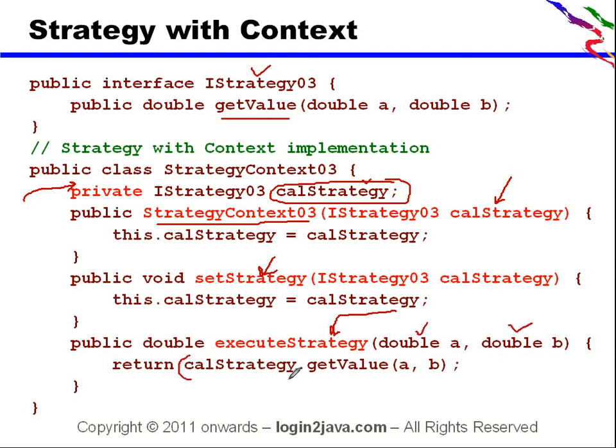This is our concrete implementation of strategy, where A plus B or A multiplied by B or maybe other operations, other algorithms can be applied. This concrete operation will be applied on the strategy that we pass either through the constructor when this context is created, or through the setter method when we want to change the strategy for the same context.